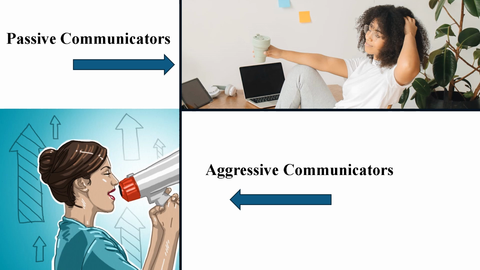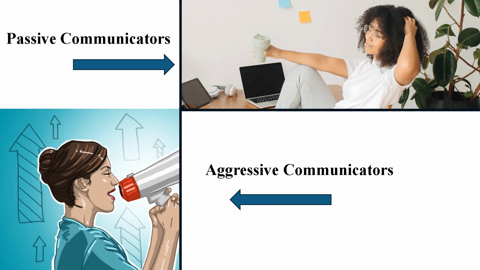The aggressive communicator is forceful, confrontational, often disrespectful. They don't know they are, but they tend to prioritize their own needs and opinions. And because they have their own needs and opinions, they really don't care what else is going on. They're trying to express their position.